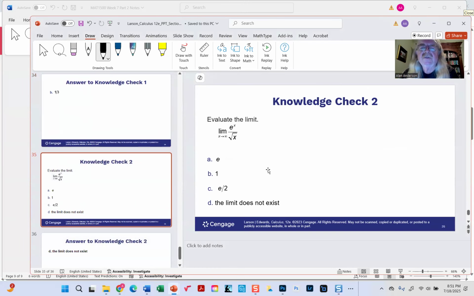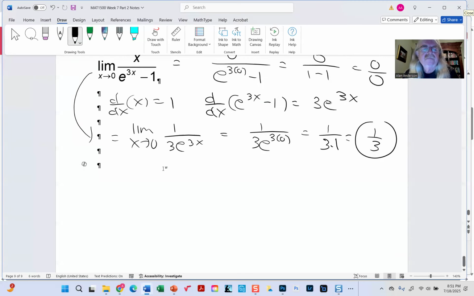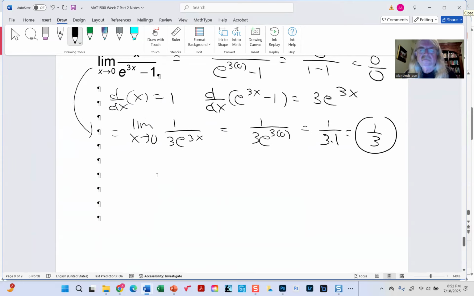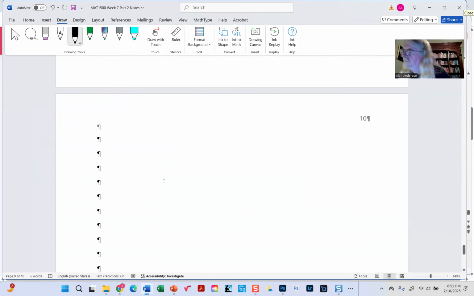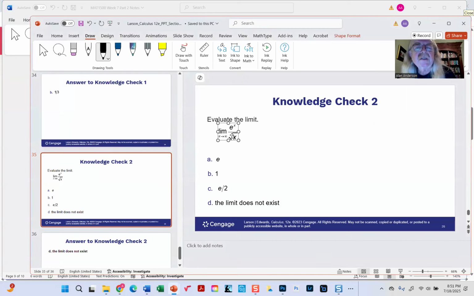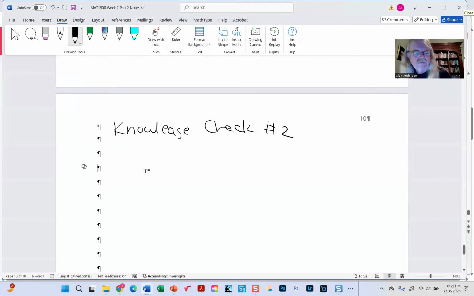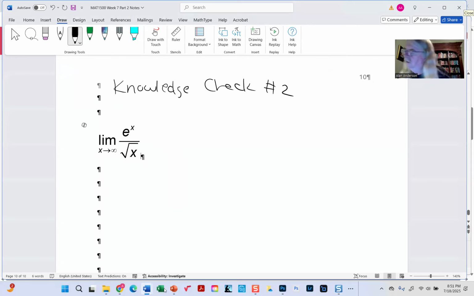All right, now let's try this one. Oh, well, that looks a lot like the one we had earlier, doesn't it? And that would be this limit, x goes to infinity of e to the x over radical x.